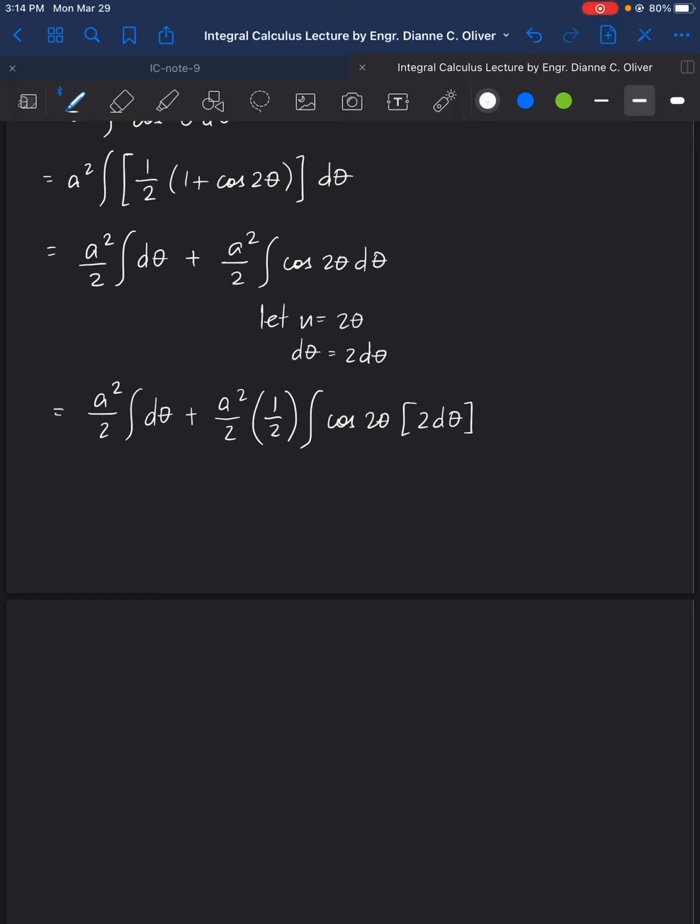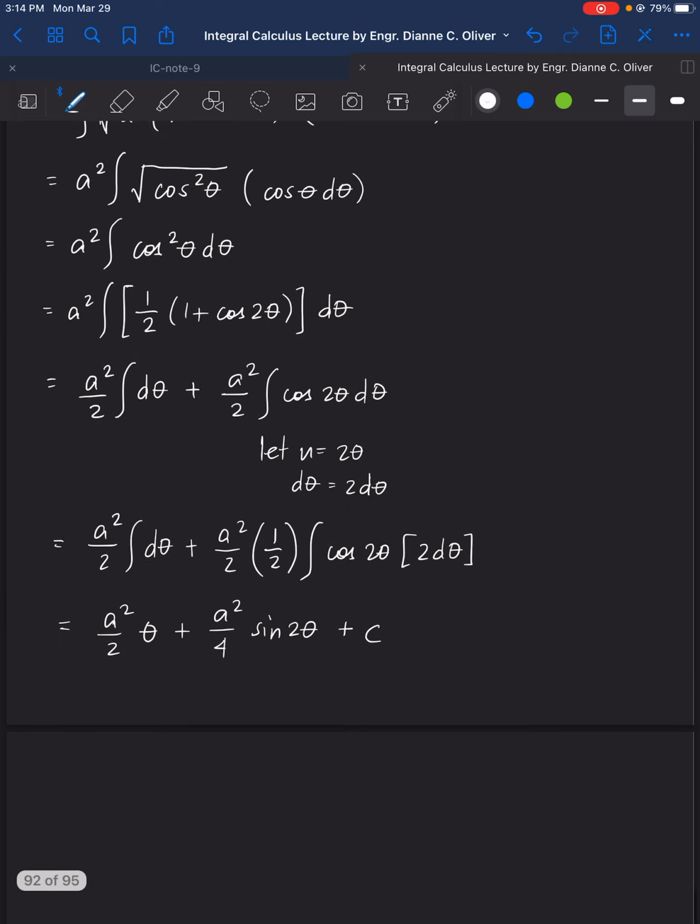That is to balance, just what we did in the previous videos. So a squared over 2, what is the integral of d theta? That is theta. Plus a squared over 4. Then what's the integral of cosine 2 theta? That is positive sine 2 theta plus c.